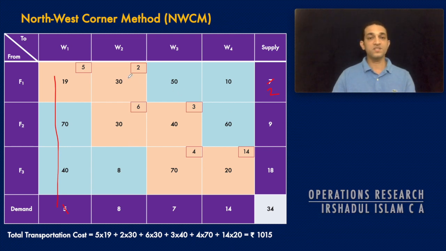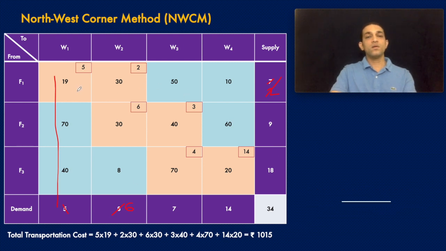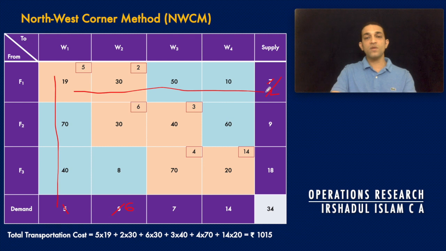That we have arranged here. 2 will be allocated here, so this supply will be exhausted, and the remaining 6 units will be there. Automatically this row will be removed from the table. We'll go for the next allocation.